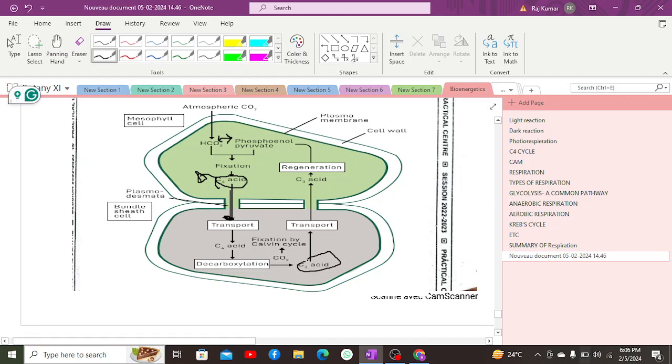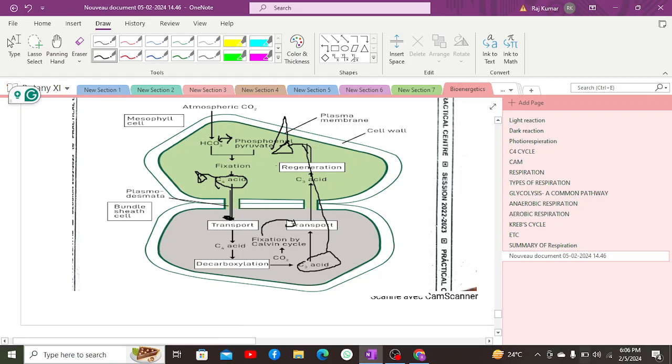This C3 acid is pyruvate, and that pyruvate is transported back into the mesophyll cells, where it is phosphorylated by the addition of phosphate, forming phosphoenol pyruvate on one hand, and on the other hand the carbon dioxide released is utilized in the Calvin Benson cycle.